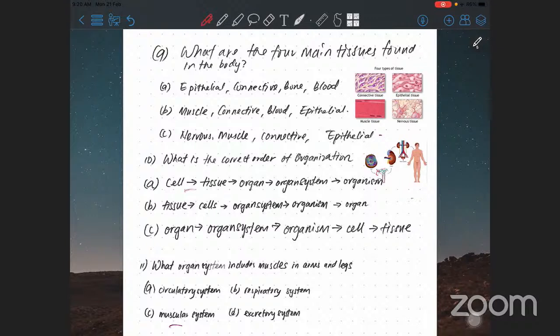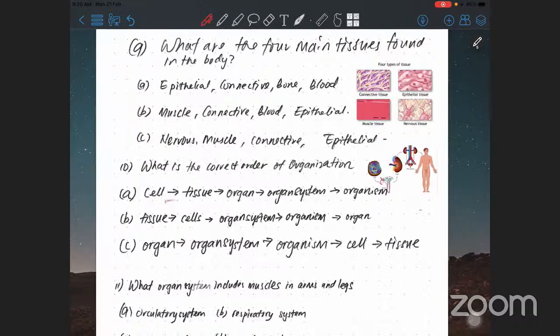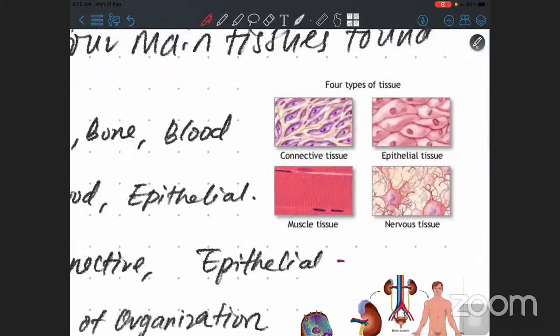Okay, let's come back. What are the 4 main tissues found in the body? I think the answer is here, right? Connective tissue, epithelial tissue, muscle tissue, nervous tissue.